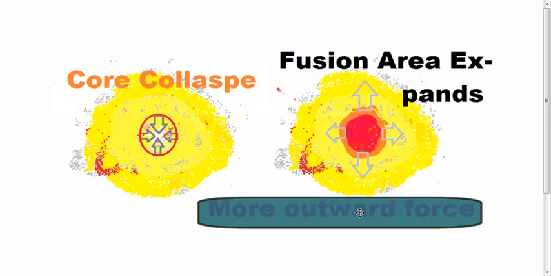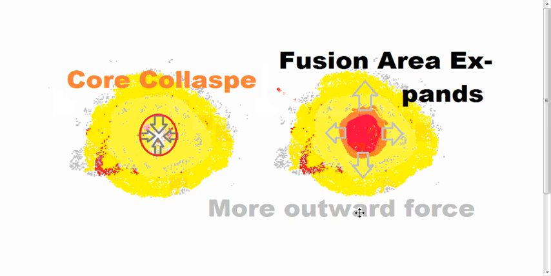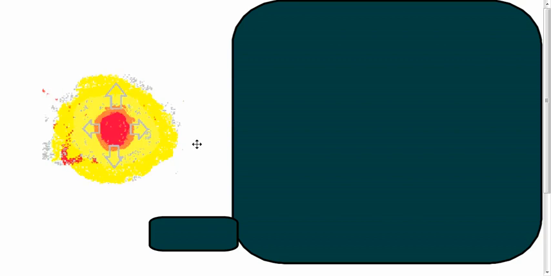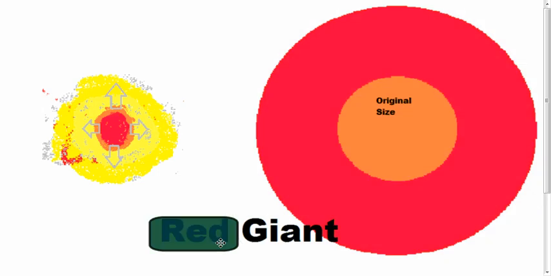And this is going to have more of an outward force than before, because you have more fusion occurring. So you expanded the area, so you have more outward force, and this is going to cause the star to swell into what's known as a red giant.